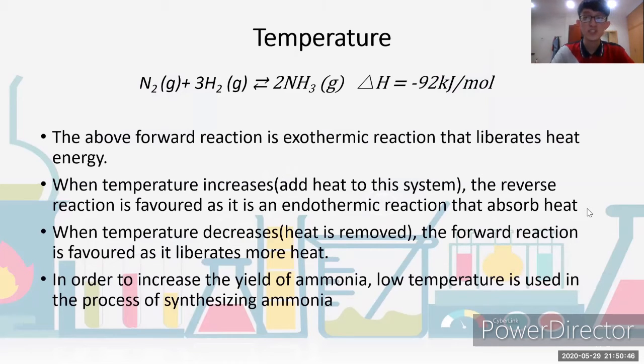When the temperature decreases, or we manually remove the heat, the forward reaction is favored as it liberates more heat. Thus, in order to increase the yield of ammonia, low temperature is used in the process of synthesizing ammonia according to Le Chatelier's principle.